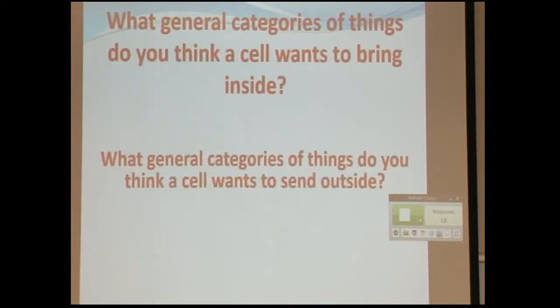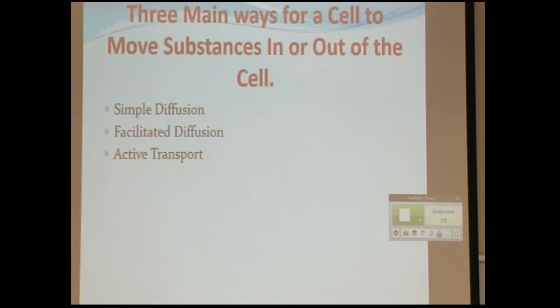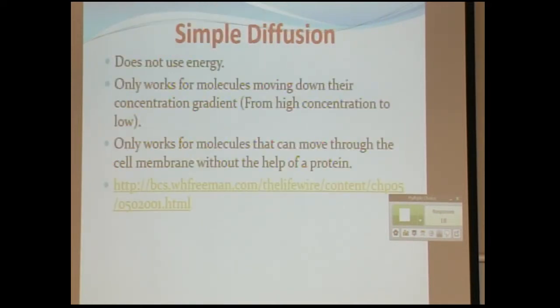And so the whole point of cell transport is for the cell to be able to do those things. Bring the nutrients in, send waste, send signals out. That's why it's doing simple diffusion, facilitated diffusion, and active transport. And of course, y'all had that table from earlier.